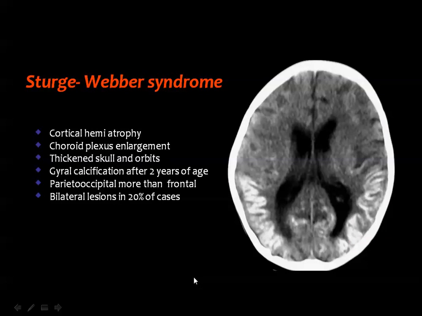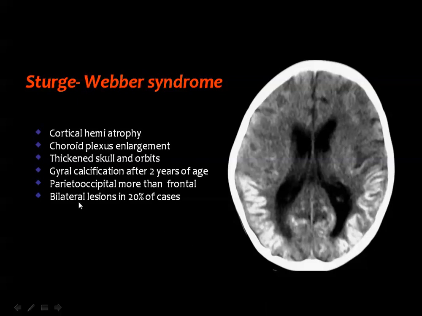Then the CT scan will show gyral calcifications, which may be unilateral or bilateral, commonly affecting the temporo-occipital area, but may extend into the parietal and also the frontal area.